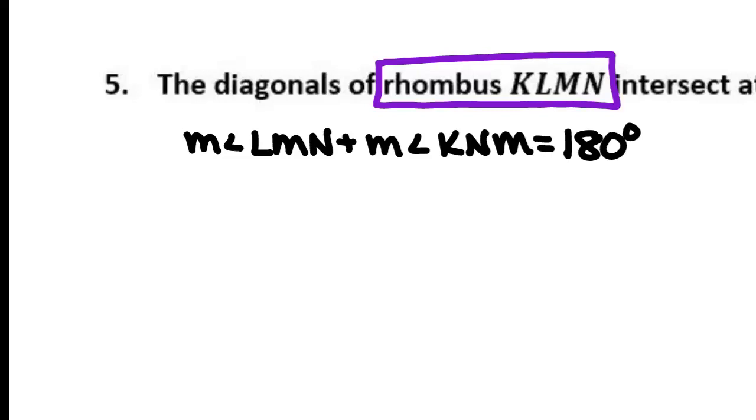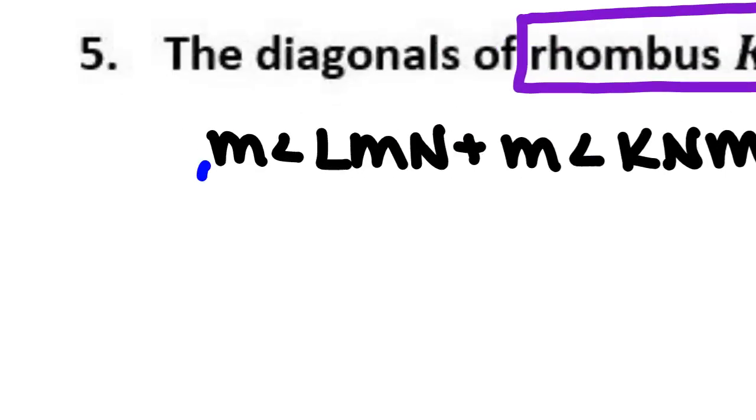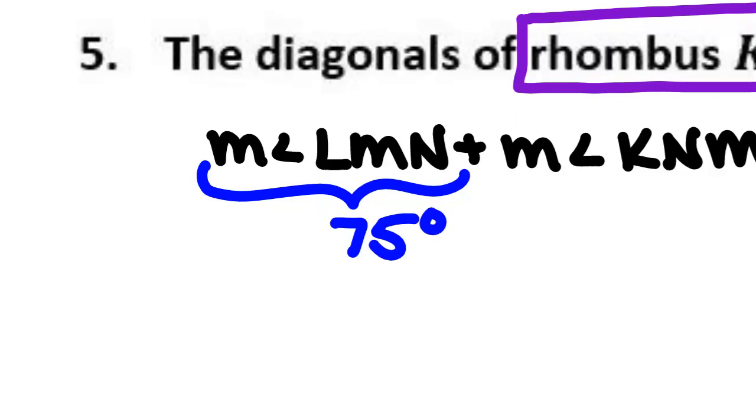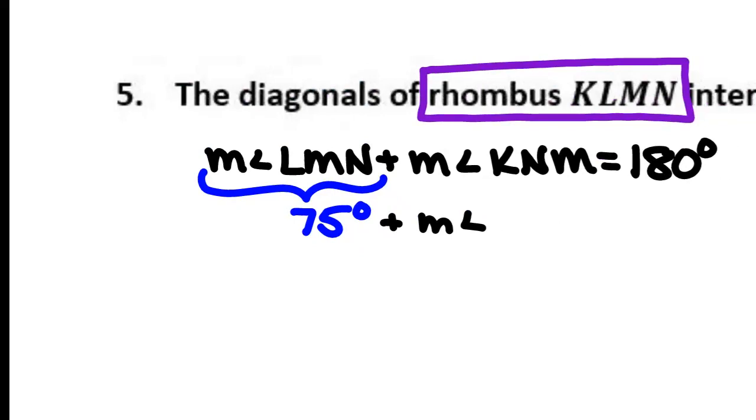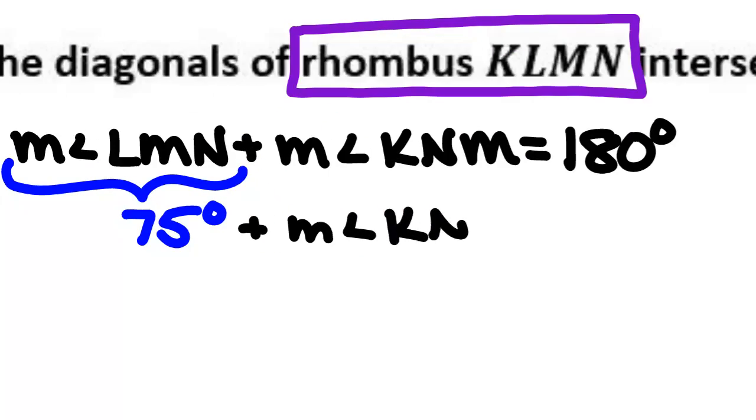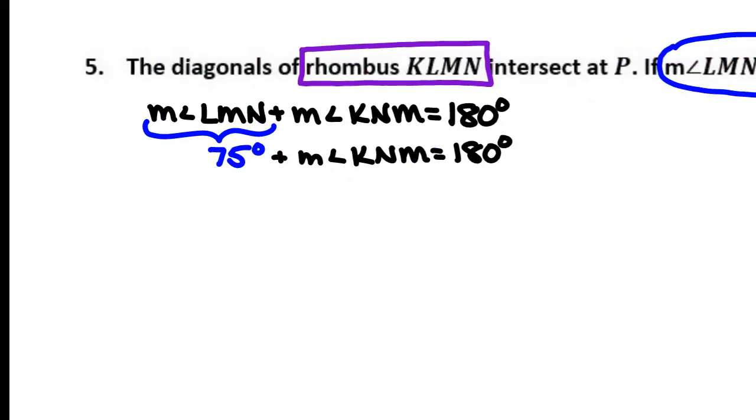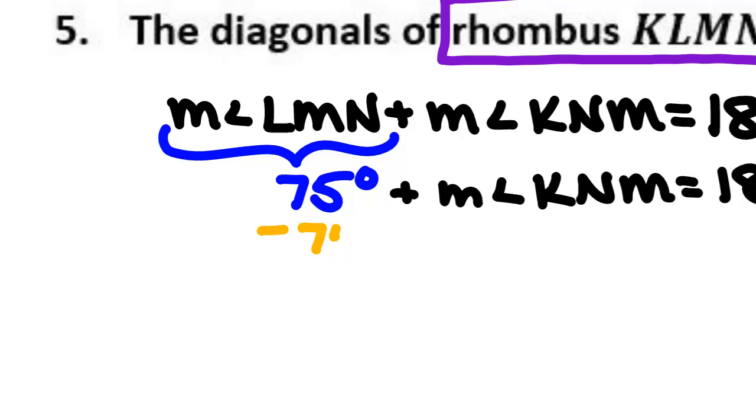How big was LMN again? 75. So I have 75 degrees plus the measurement of angle KNM is equal to 180 degrees. Now I'm going to subtract 75 degrees from both sides.